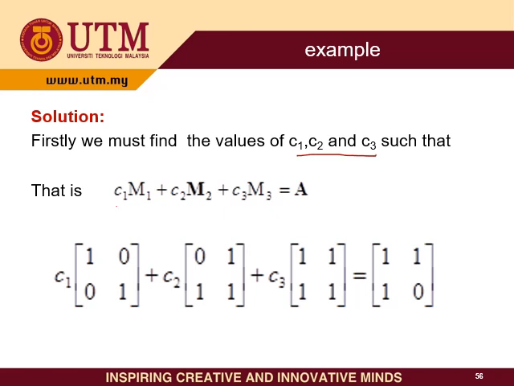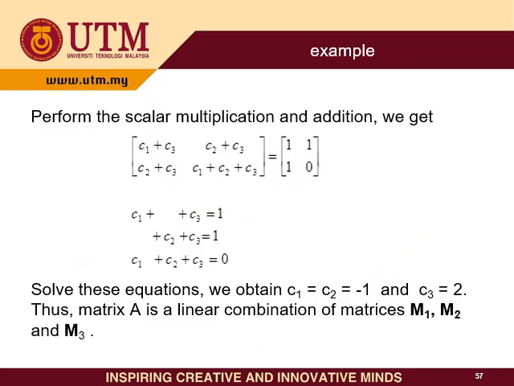So we have C1 with M1 plus C2 with M2 plus C3 with M3, that will equal our A. Alright, this is our C1, this is our M1, this is our M2, this is our M3. Then we perform the scalar multiplications and additions, so we will get this equation. Then we can make this equation into this form.